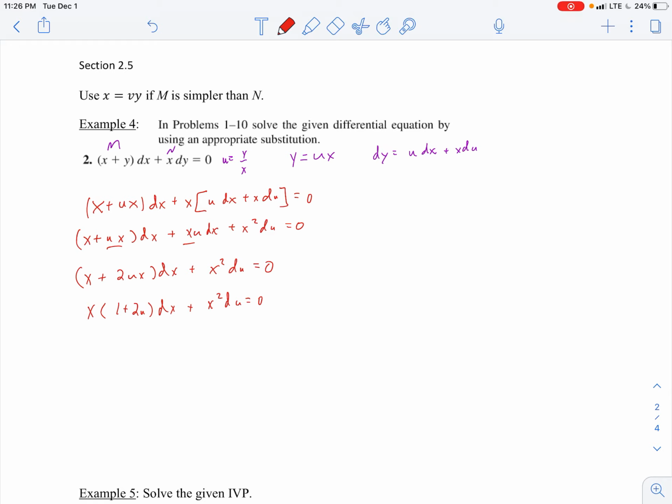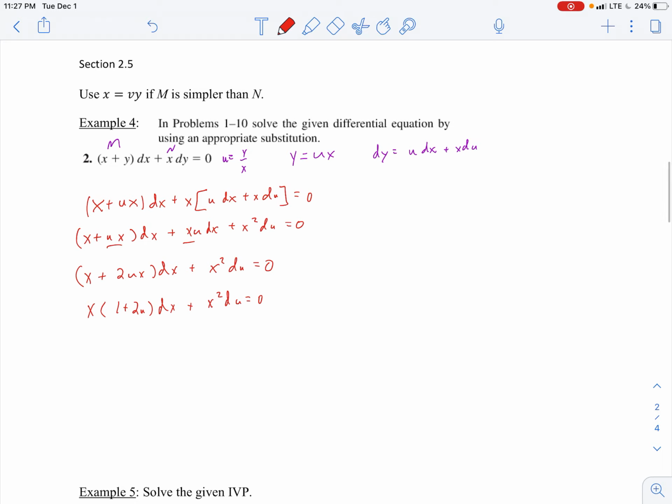I'm going to get 1 over x dx. And on this right side, this du, I'm going to divide by that 1 plus 2u. So then I'm going to get du over 1 plus 2u. Set that equals 0. That way I have all my x's together and all my u's together.